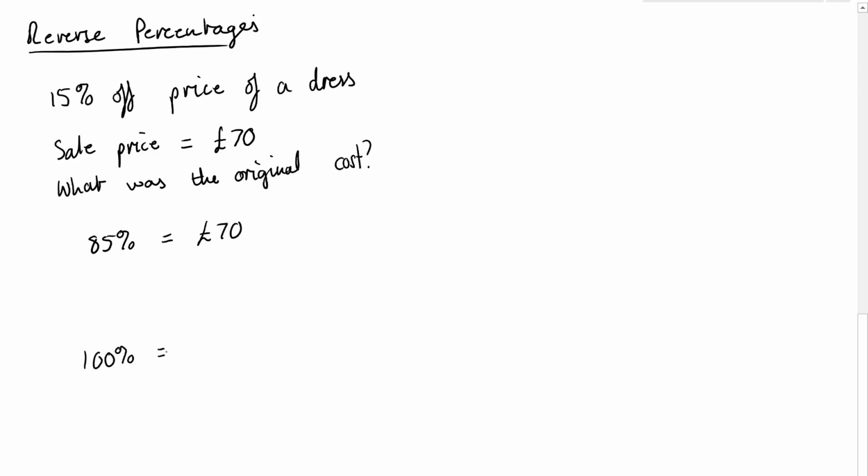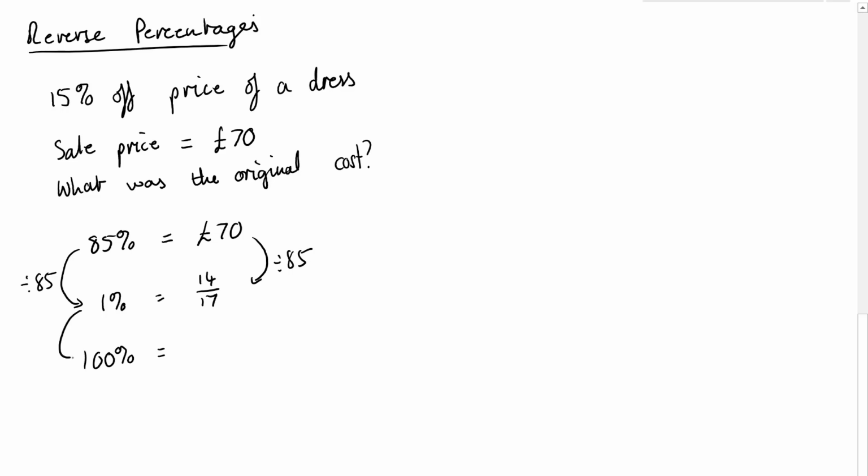The way we're going to do that is to find what 1% is by dividing this by 85 and also dividing this by 85. 70 divided by 85 gives you, I'll leave this as a fraction for now, 14 over 17. Leave it as a fraction for now because it's quite a long decimal, which we'll round at the very end to make sure we get an accurate result.